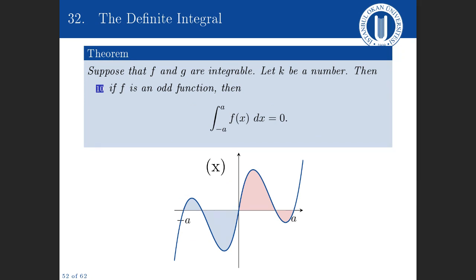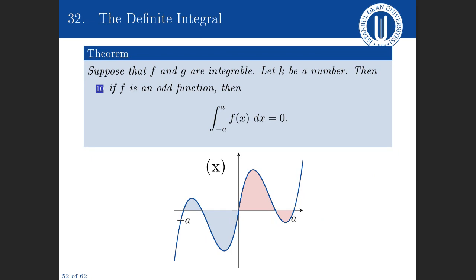If f is an odd function, then the integral from minus a to a of f is 0. An odd function is a function where we can rotate it by 180 degrees and get exactly the same graph.